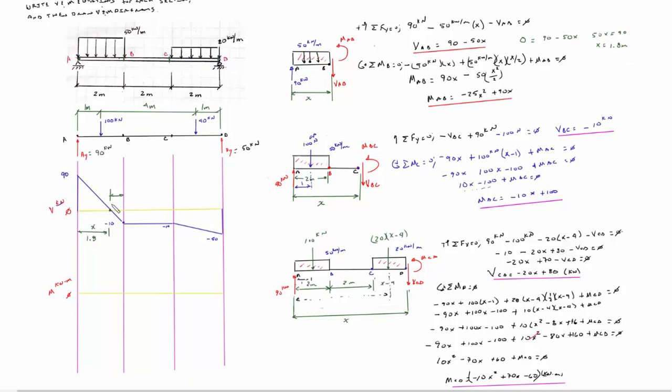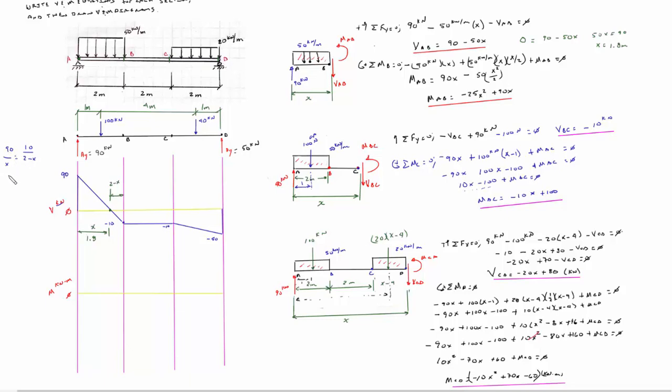The other way you can do it is if I say this is 2 minus x, I can use a ratio. I'll do the ratio over here, where I have 90 to x is equal to 10 over 2 minus x.